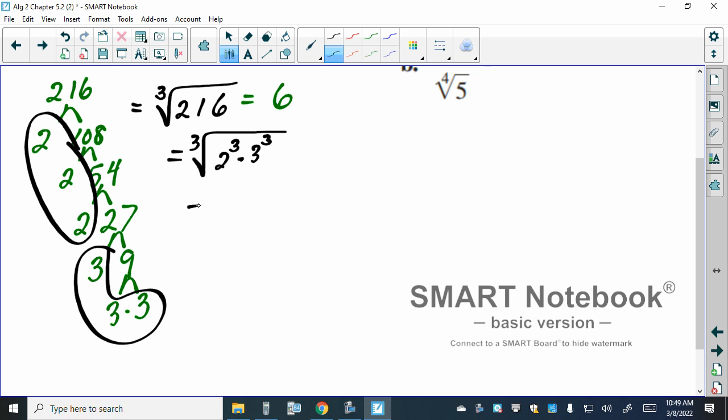The cubed root of 2 to the third is 2. The cubed root of 3 to the third is 3, and 2 times 3 would give us 6. So for this one here, it does work out to be a whole number.